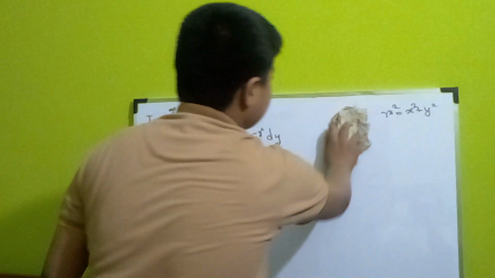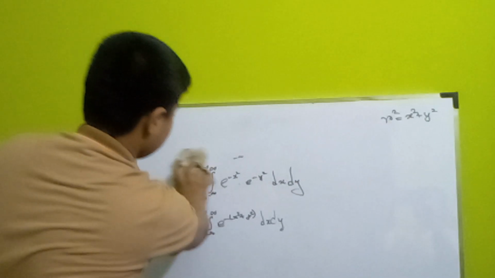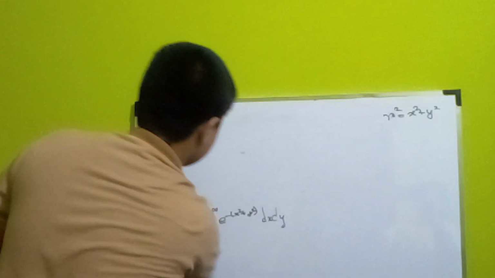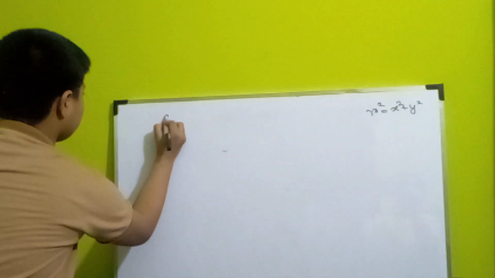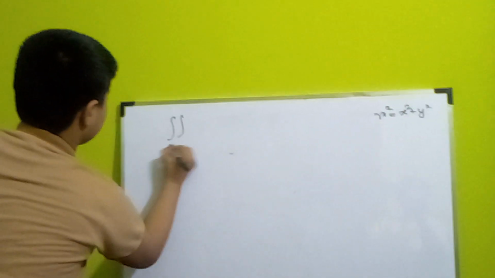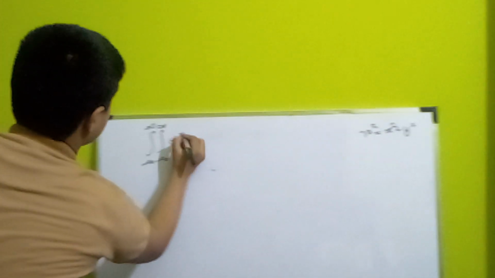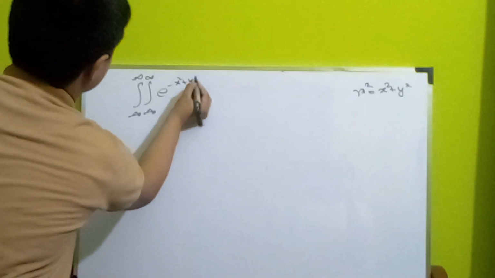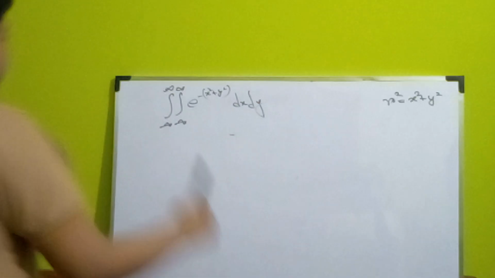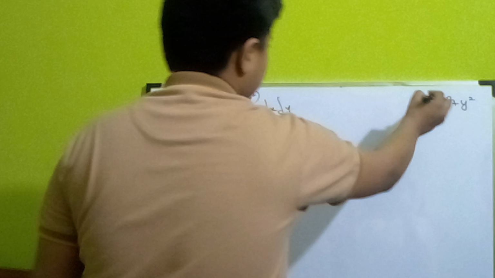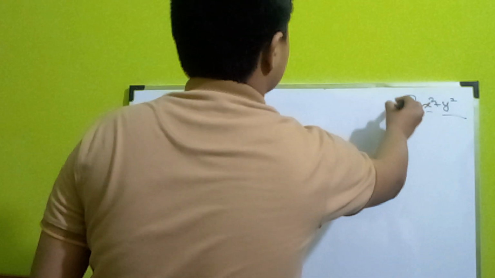So let's rewrite this. x squared plus y squared, dx dy. And in polar coordinates, x squared plus y squared is given as r squared.